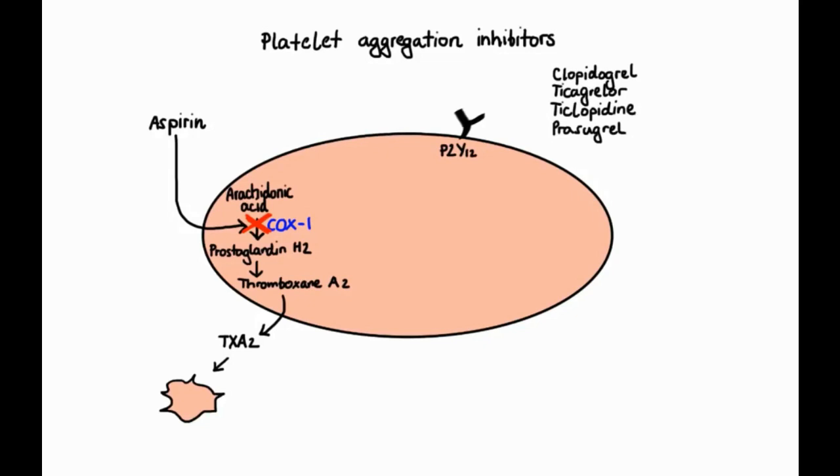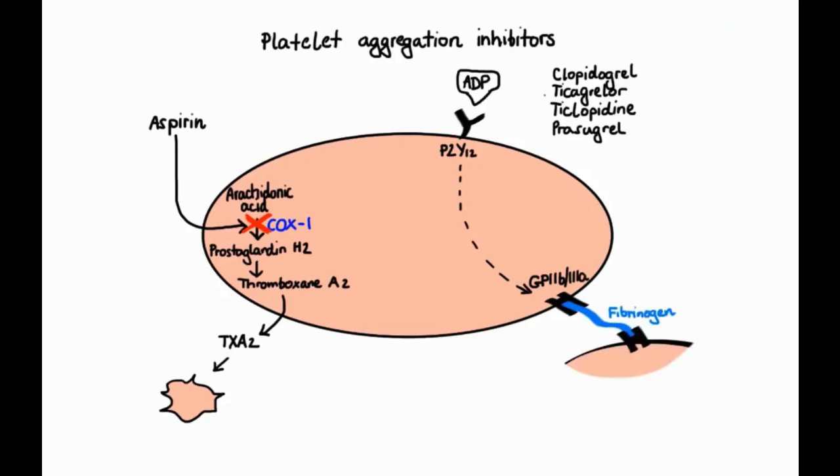Activated platelets release mediators, one of which is ADP, leading to activation of the glycoprotein 2B and 3A receptors, which are required for fibrinogen-mediated platelet linkage. So by blocking the P2Y12 ADP receptors, these drugs prevent platelet aggregation, resulting in non-formation of the blood clot.